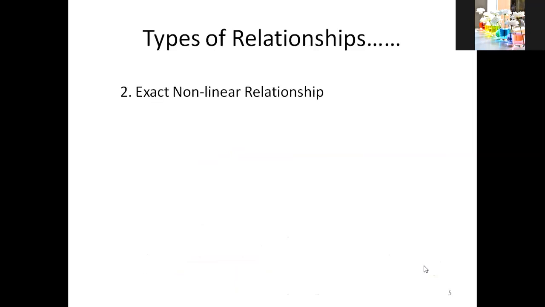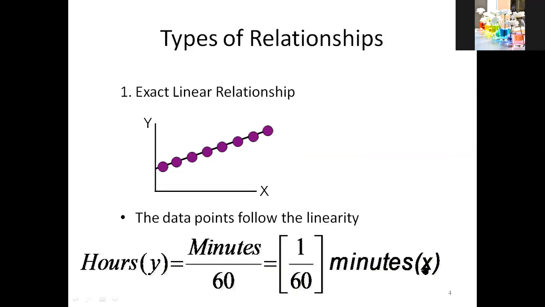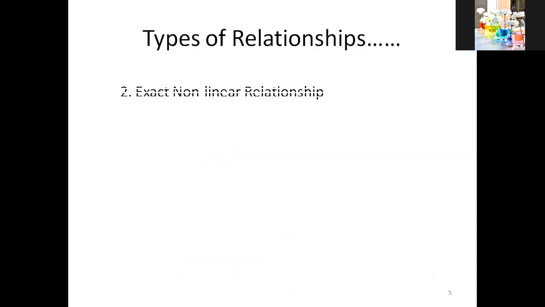The second type is called an exact non-linear relationship. Have you seen a non-linear relationship like this? A nice curve, maybe in your A level, maybe in your chemistry, you might have seen this.